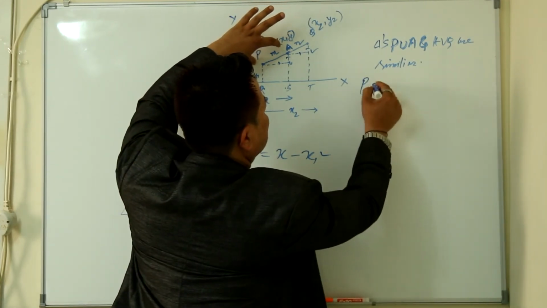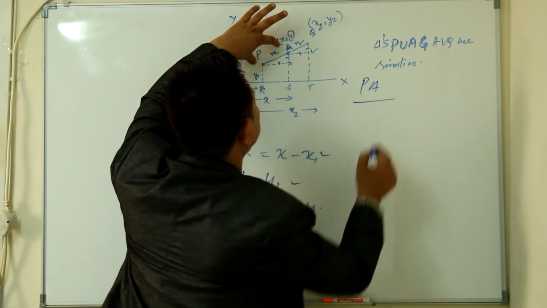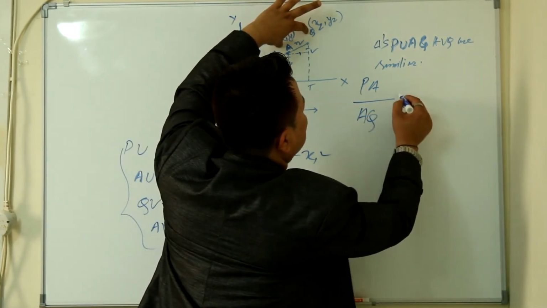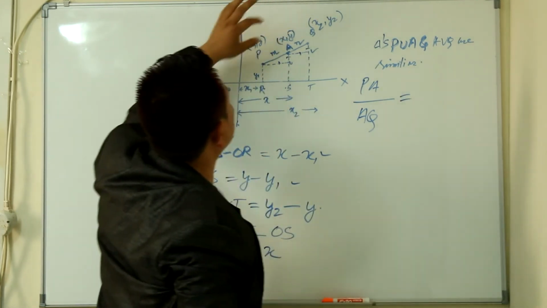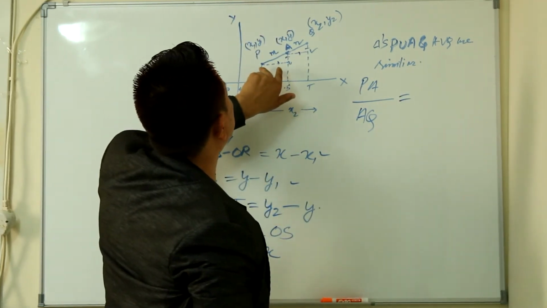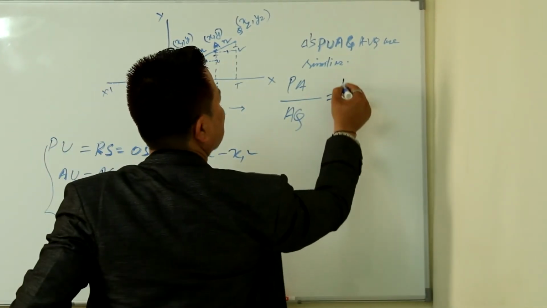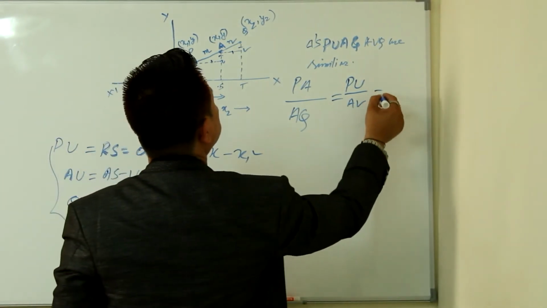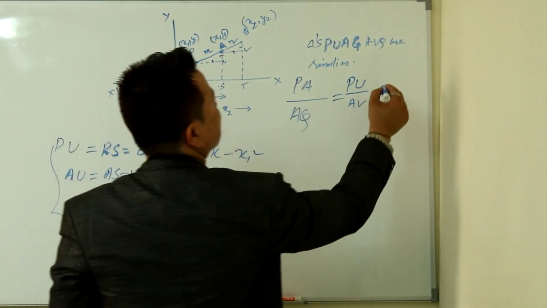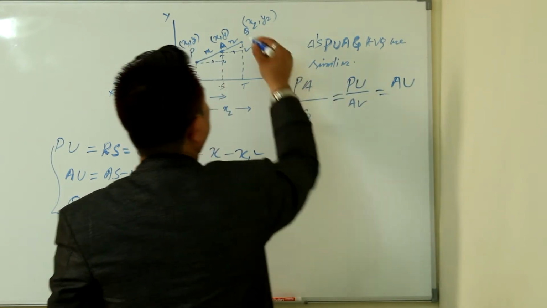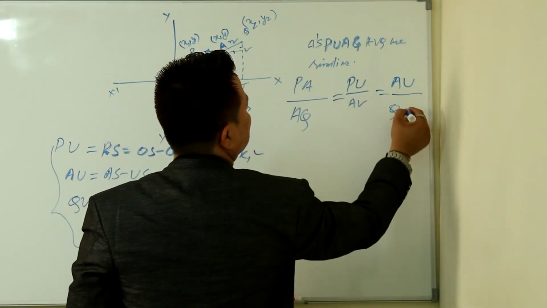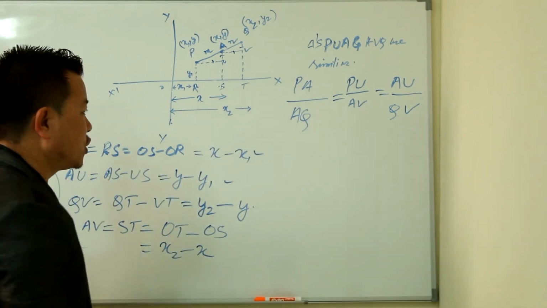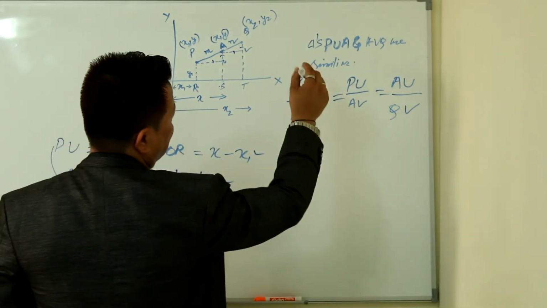PA upon AQ equals to, another corresponding sides, PU upon AV. Another corresponding sides, AU upon QV. These are the basic properties of similar triangles.